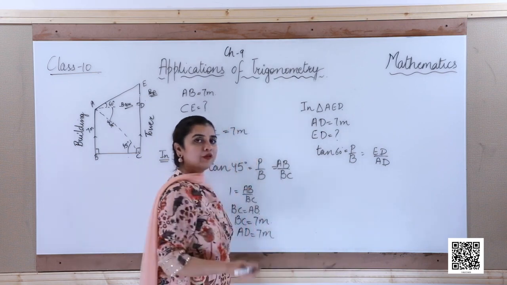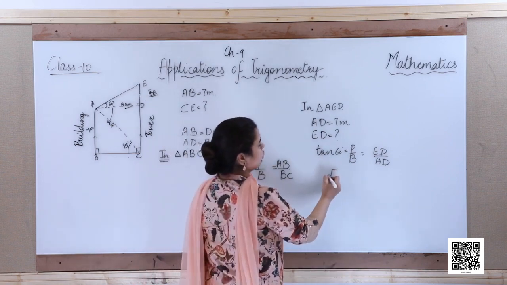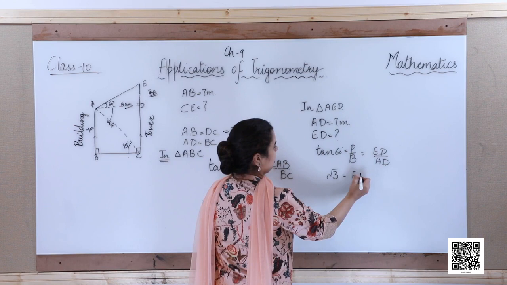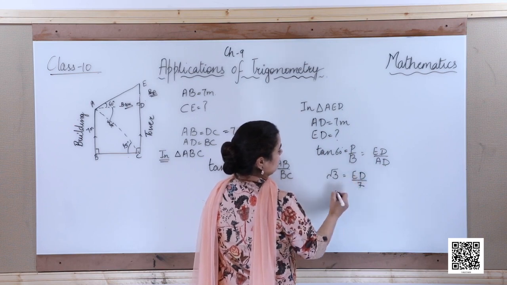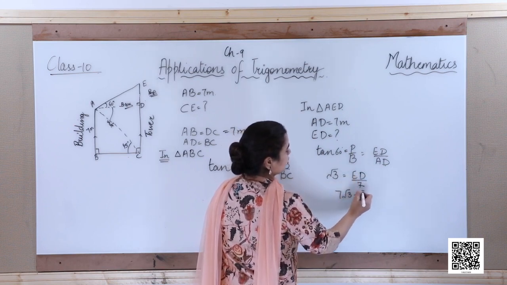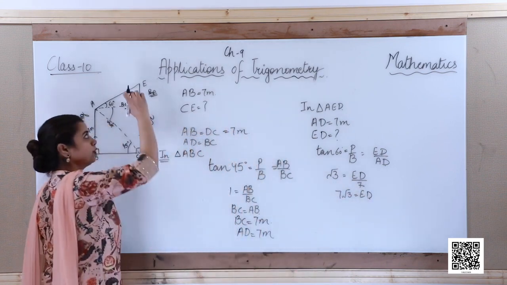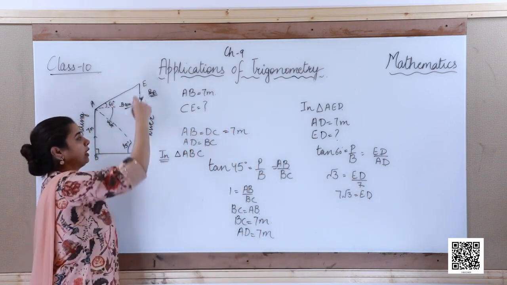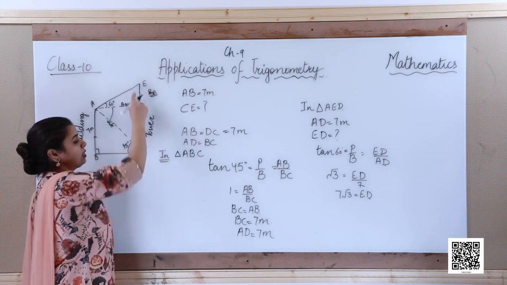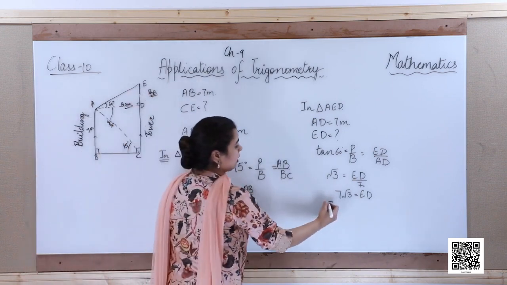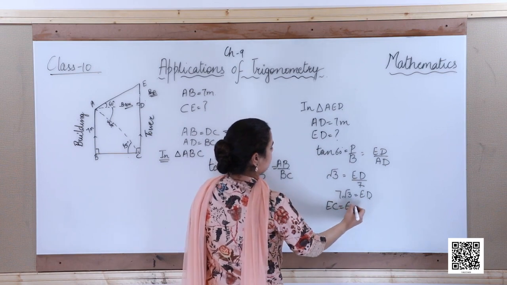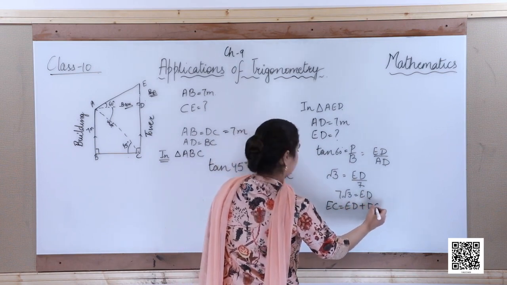Now what is the value of tan 60 degrees? It is √3, and ED is unknown, AD is 7. So 7√3 is equal to ED. But this gives us just the length of this part. We want the length of the whole tower, that is EC. EC comprises two parts, ED and DC.